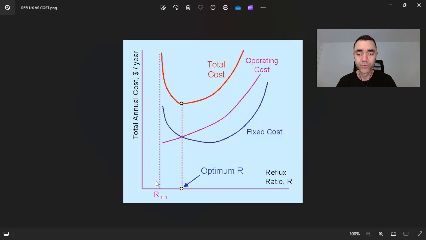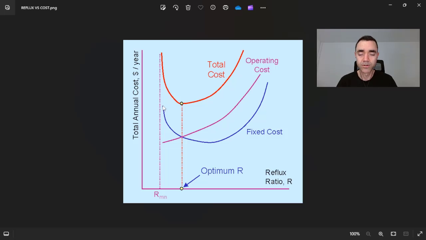At the minimum reflux ratio, we have seen that we increase infinitely the number of stages, meaning that if I try to build a column for this condition, I will have a higher CAPEX. Once I increase the reflux ratio of my process, I decrease the number of stages, and because of that I have a smaller column.